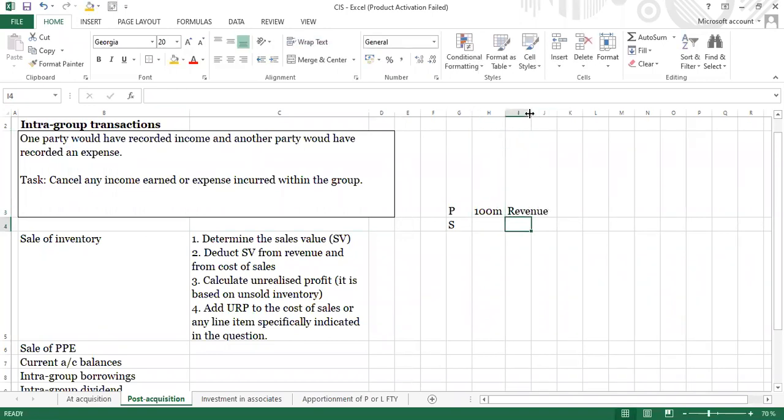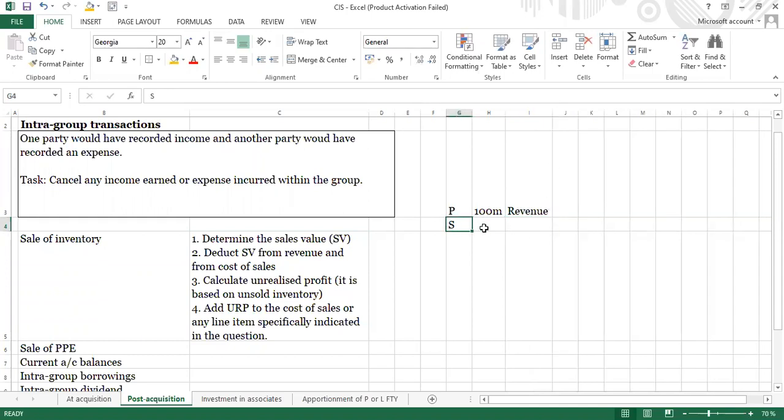He was the one who sold. Then this guy is the buyer. He would have recognized it as a cost. So remember the principle that one party would have recorded an income, another party would have recorded an expense. Cancel the income, cancel the expense, knock it out.